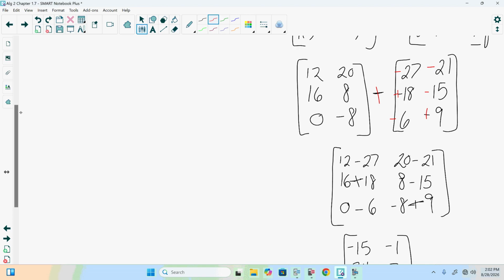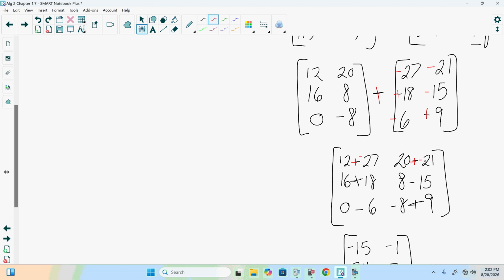So now what we're looking at is not 12 minus 27, but we're doing 12 plus negative 27. Well, 12 plus negative 27 is the same as 12 minus 27, yes? Still the same thing. 20 plus negative 21.